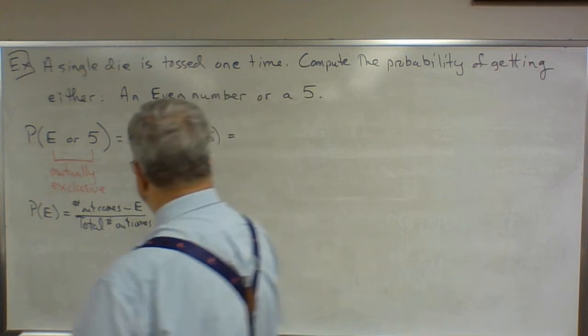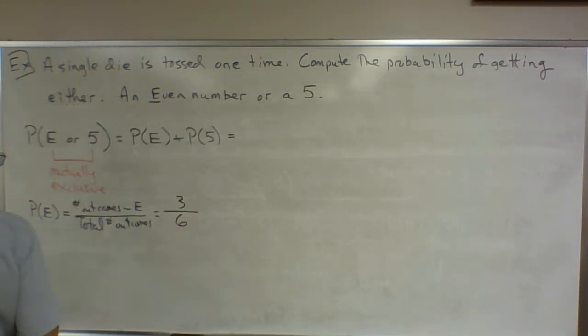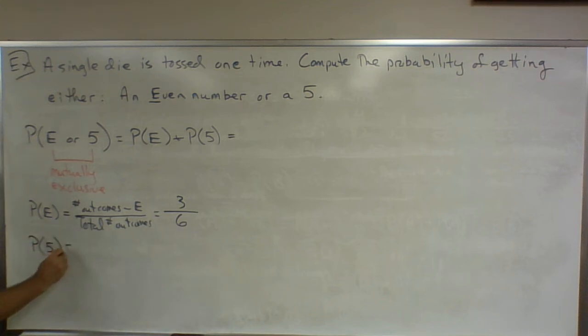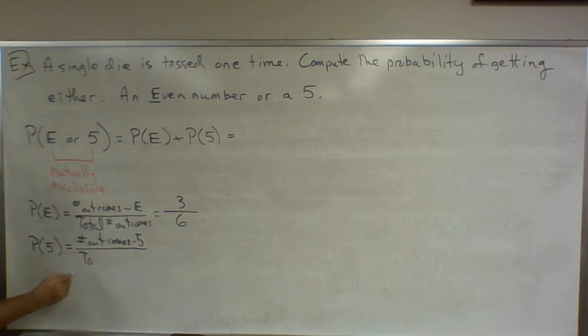So 3 ways of getting an even number. There are 6 possible outcomes. Probability of getting a 5, number of outcomes resulting in a 5 over total number of outcomes.